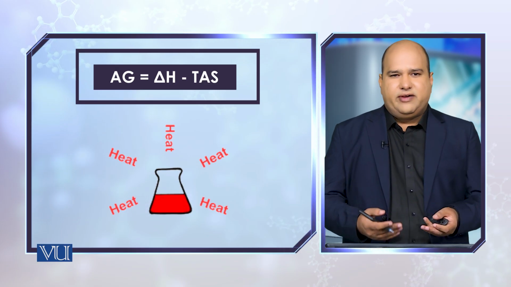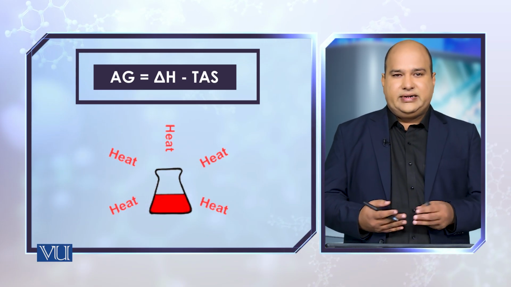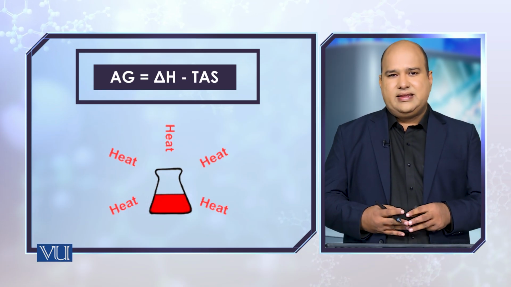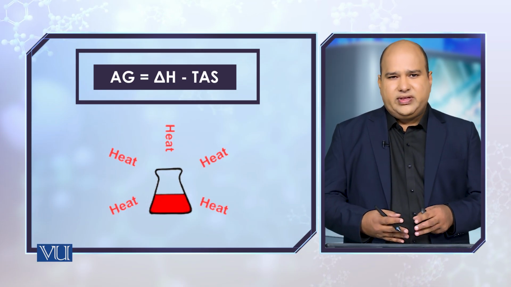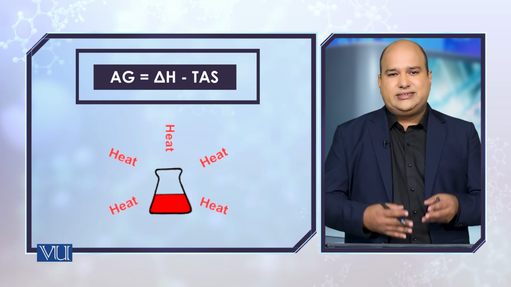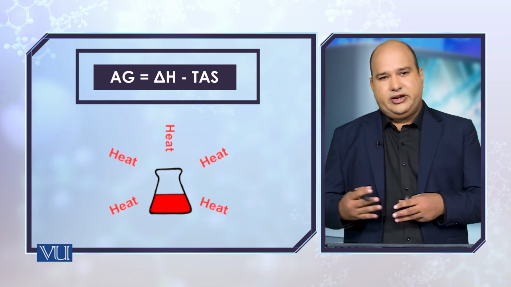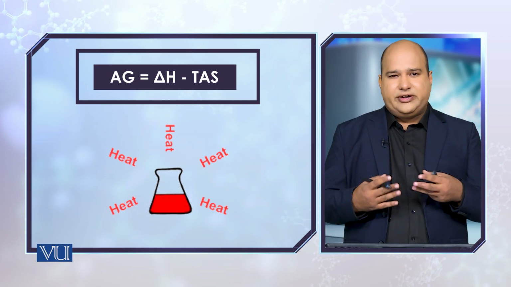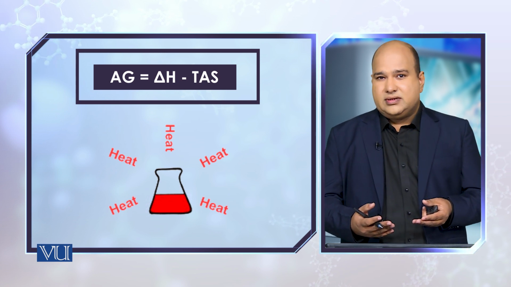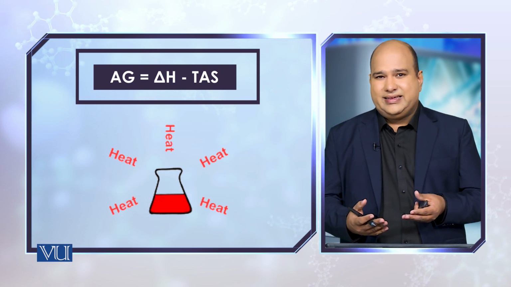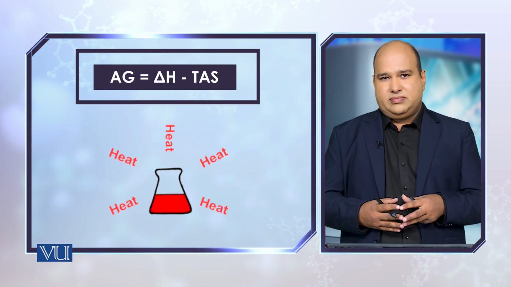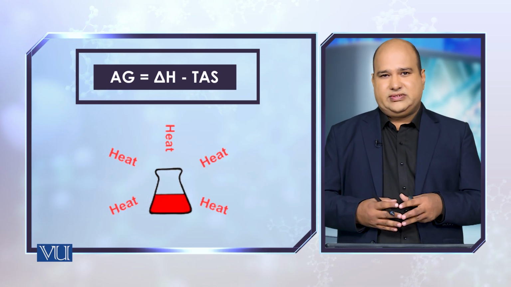It could also have been delta G is equal to delta H plus T delta S. The minus sign means that the part of the energy that is useful is that part which has entropy subtracted from it, because entropy refers to the disarray, the chaotic nature of a system, the disorder of a system.